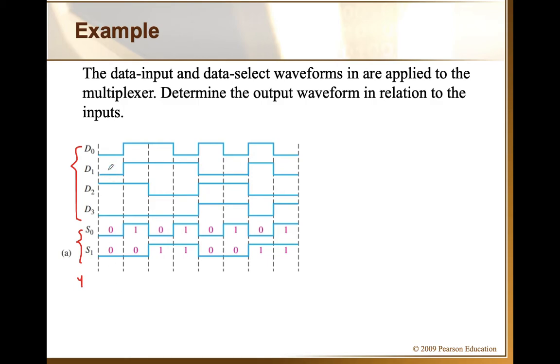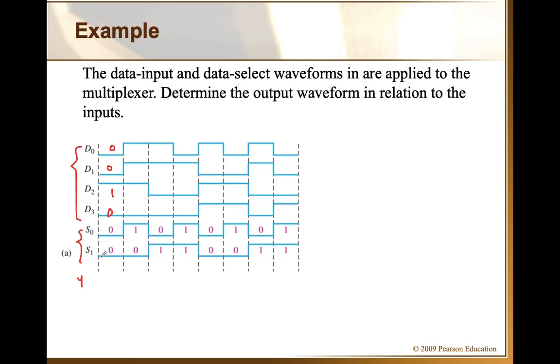Let's quickly look at it. Now the data is what? Obviously, this is 0, this is 0, this is 1, this is 1, this is 0, and this is 0. Sorry, this is also 0 here. So this is the data, but it doesn't matter what the data is. Which data should be put on the output line?